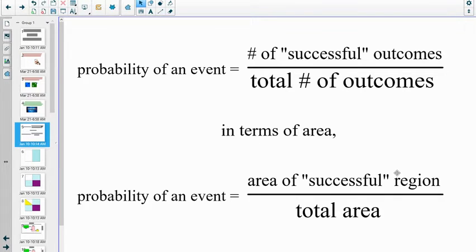Instead of flipping coins and rolling dice, we'll look at the size of a region compared with the total area of all of the possibilities. These areas are what we've been studying in this chapter: area of success divided by the total area.